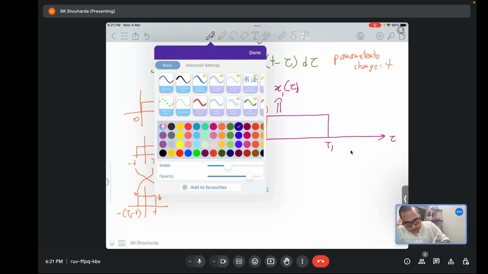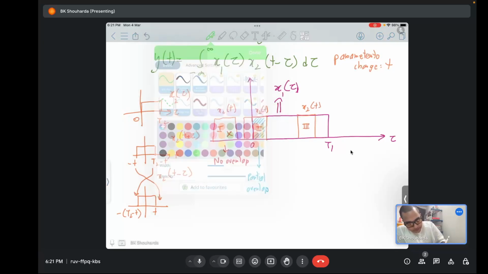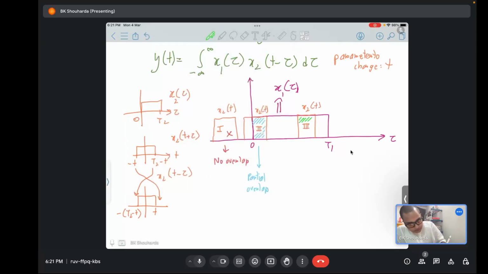Then we have this region inside the rectangle where x2 of t completely lies, full overlap within the rectangle.